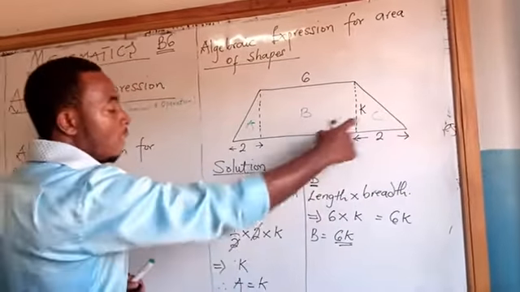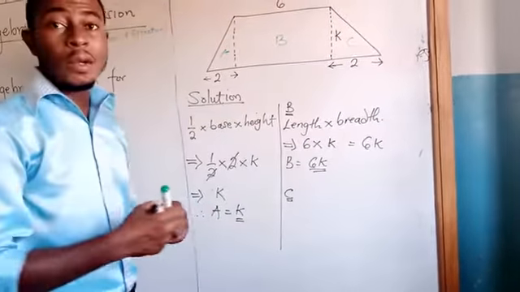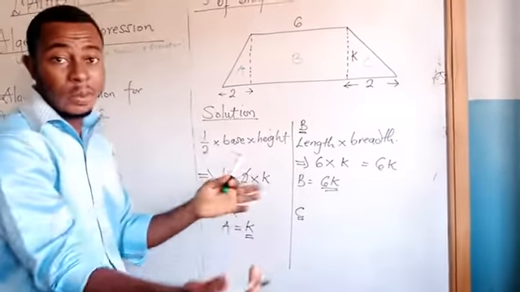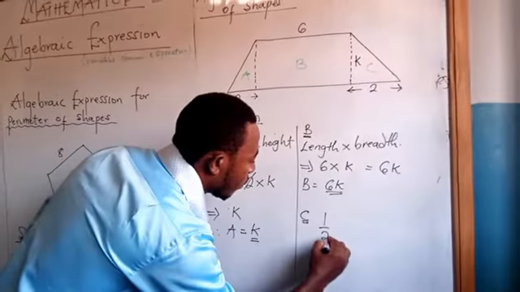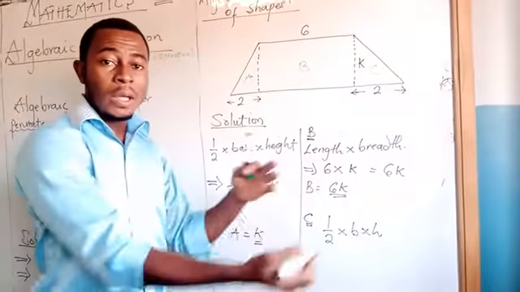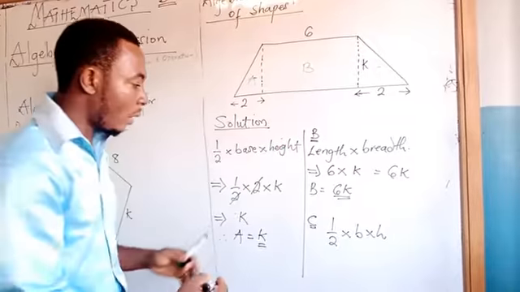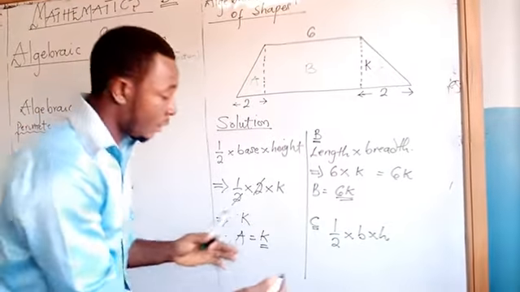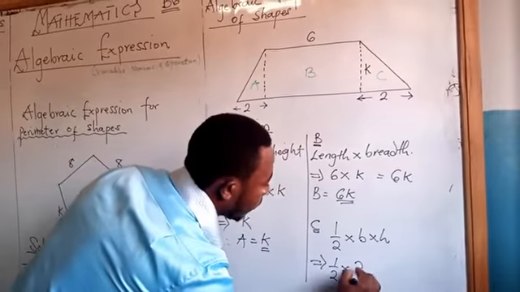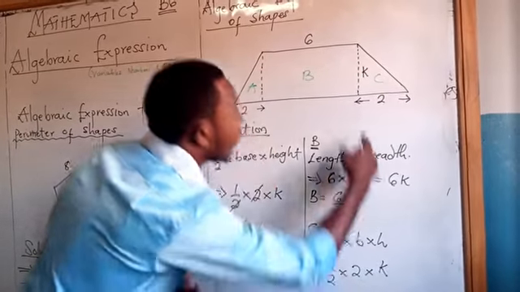Now I solve for C. C is also a triangle, so it works the same, but let's work it. Half times B times H is also another form of writing the formula half times base times height. Alright, so I substitute the figures. The height is K.